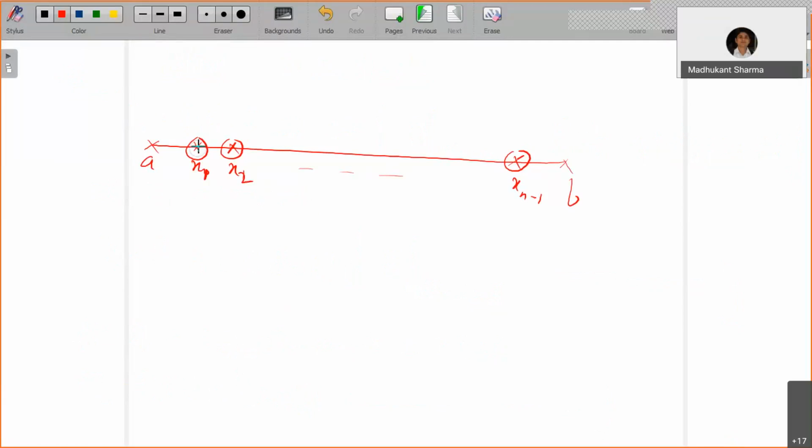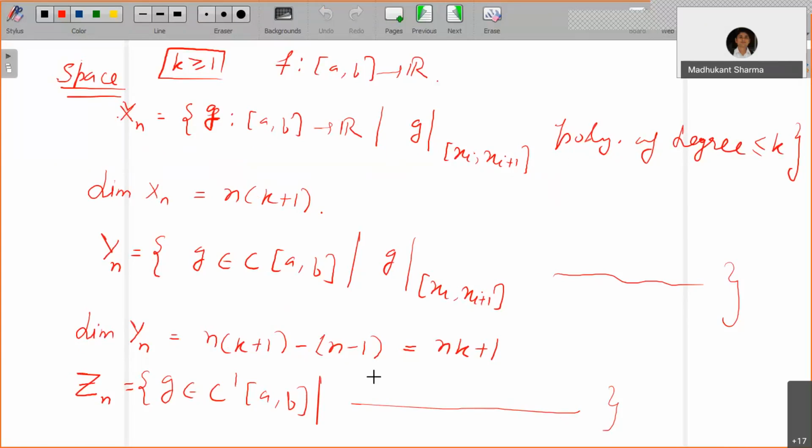At the point x1 you require differentiability as well as continuity. So the dimension of Zn will be n into k plus 1 minus 2 times n minus 1, since 2 times n minus 1 conditions are lost.